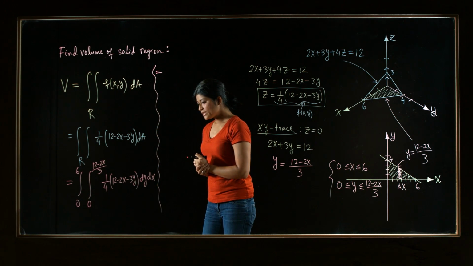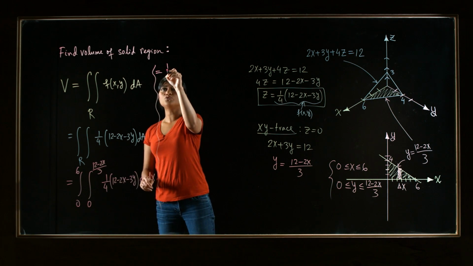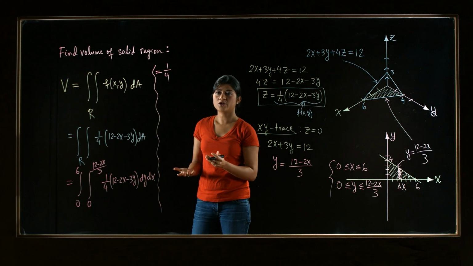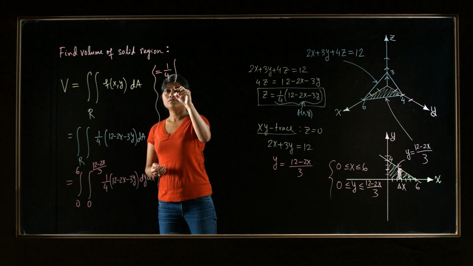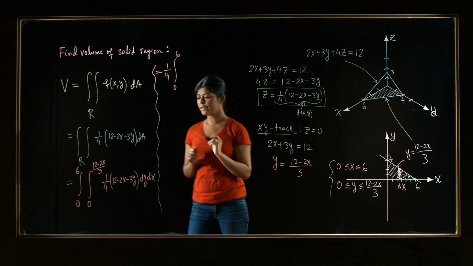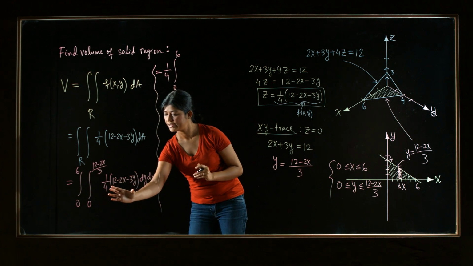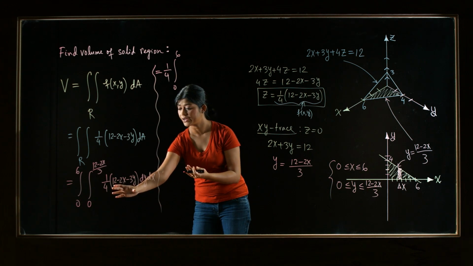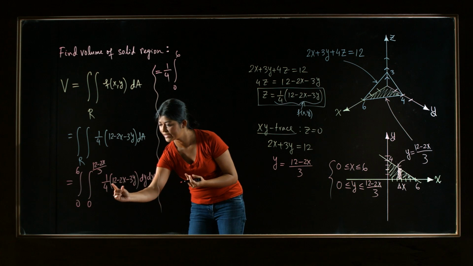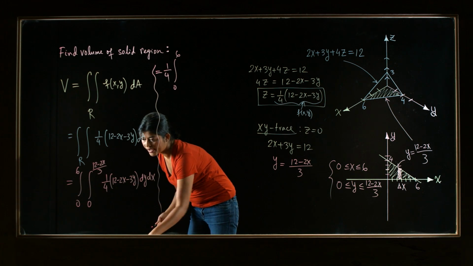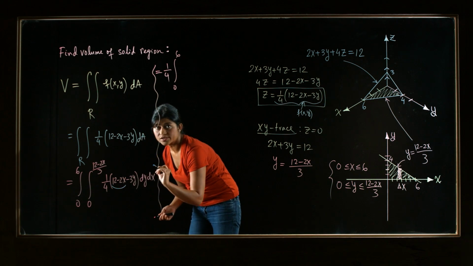So let's take out this 1/4 outside the double integral because it's a constant. It can be pulled out. And then we keep 0 to 6 as it is, and we just take this expression and try to find its antiderivative with respect to y. So x is constant, which means this entire 12 minus 2x is constant.